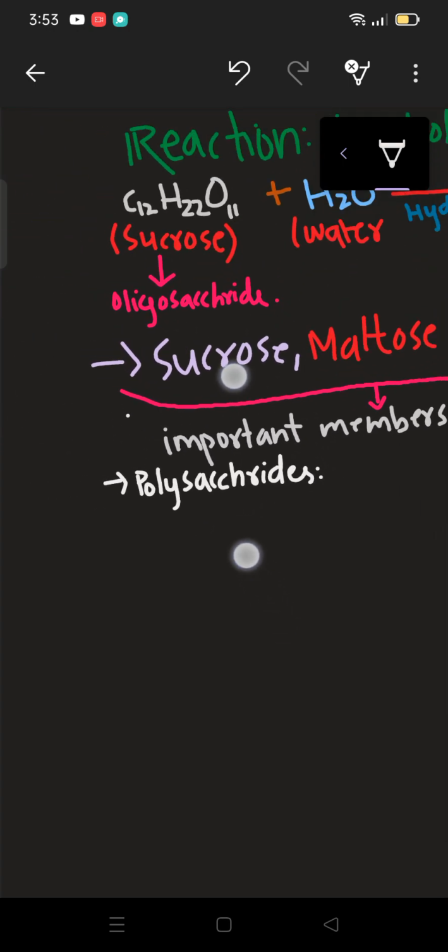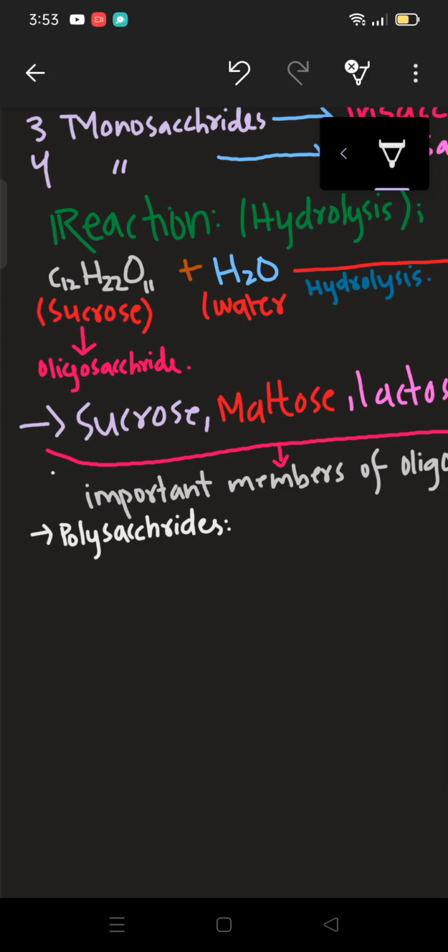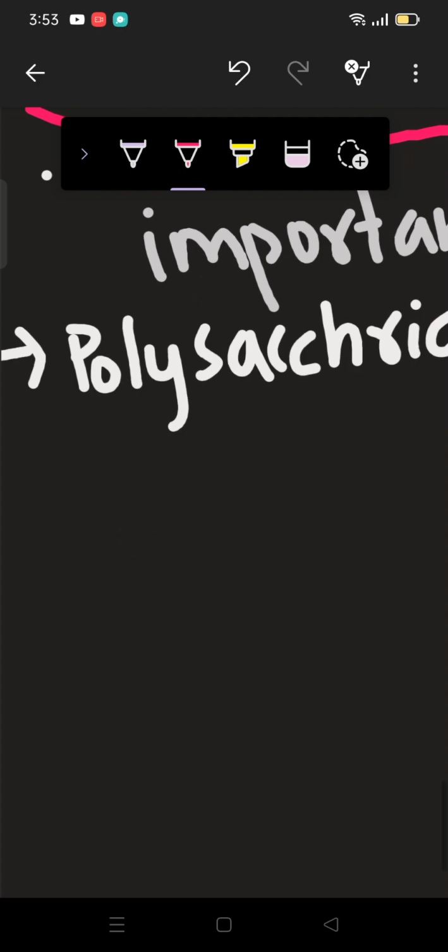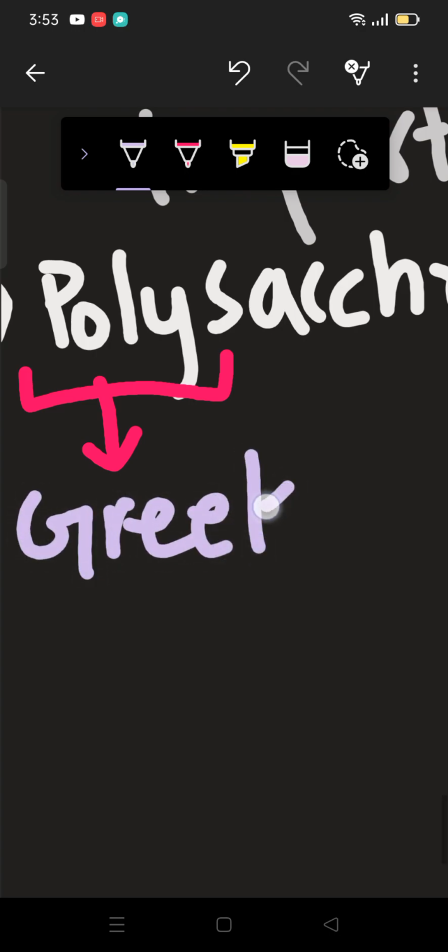As we did with the oligosaccharides and monosaccharides, we will first discuss what the term means. This word poly is initially a Greek word.